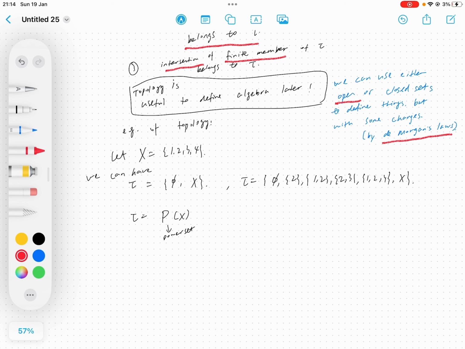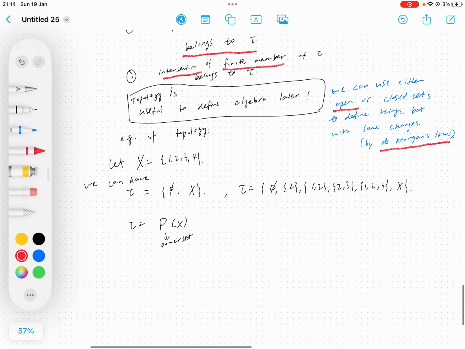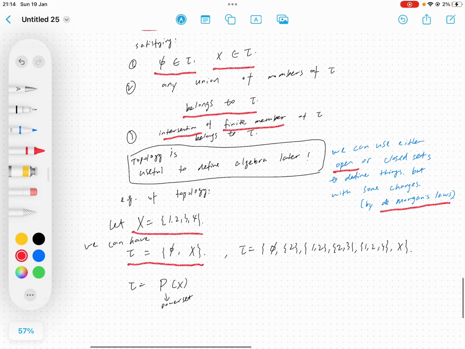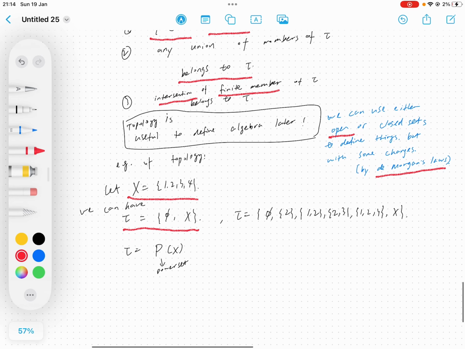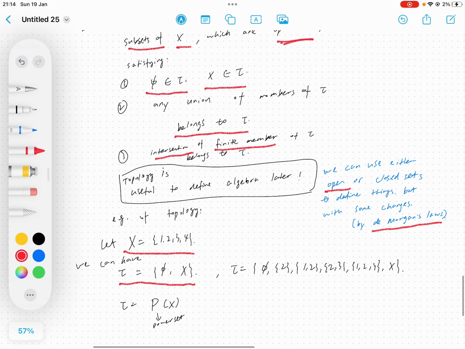So, and here we're gonna have a very simple example of a topology. So let's say this set X would be the set of 1, 2, 3, and 4. For some taus, we could first have a pretty trivial case, which would be the set with just the empty set and X itself. Okay, so the topology here has to satisfy all those requirements, right?